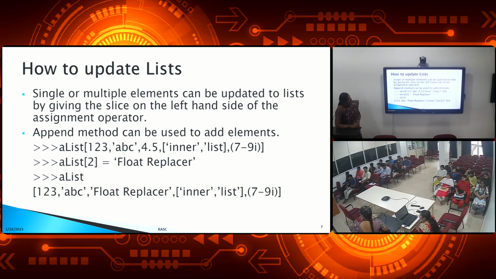So multiple elements can be updated in a list by giving the slice on the left hand side of the assignment operator, right? So the append method can be used to add elements, right? So this is an example here. This is for my variable, a list, right?